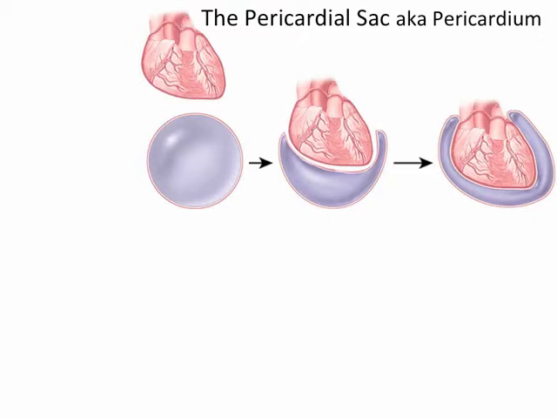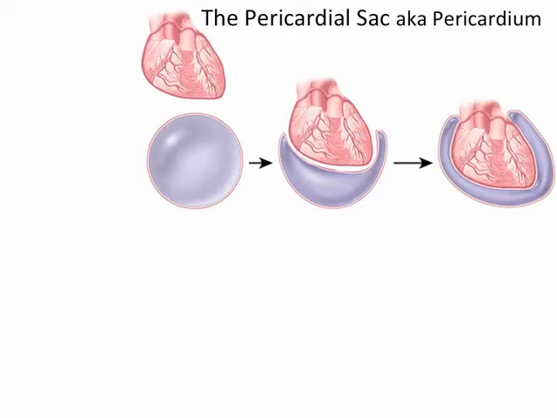And if you look at the cartoon, you can see in that upper row a cartoon of the heart, and right below the heart would be something like a fluid-filled balloon. If you take the heart and push it into that fluid-filled balloon, the balloon takes a shape around the heart.